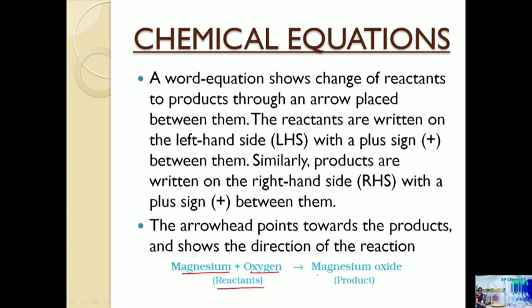And the new substance formed, that is magnesium oxide, is a product. Products are written on the right hand side. And in between reactants and product, an arrow is given. This arrow head points towards the product, which shows the direction of the reaction. In this way, chemical equations are written.